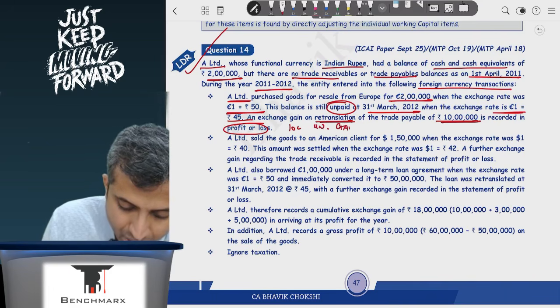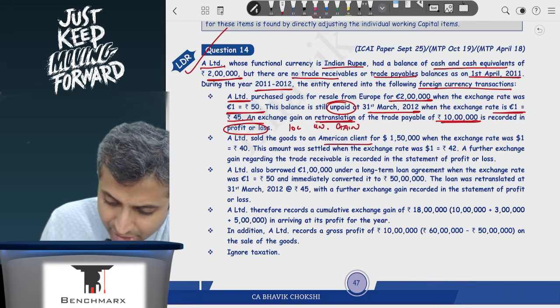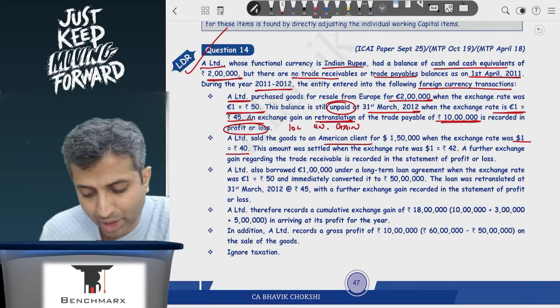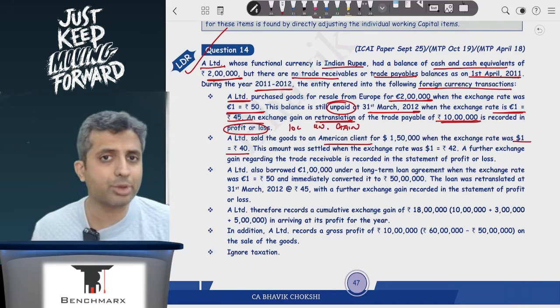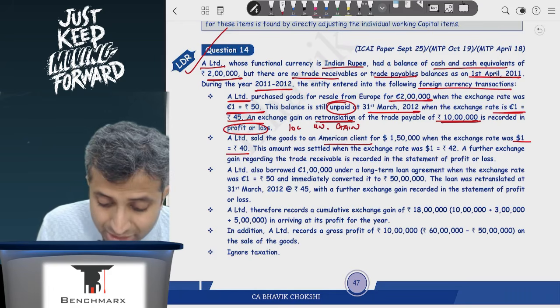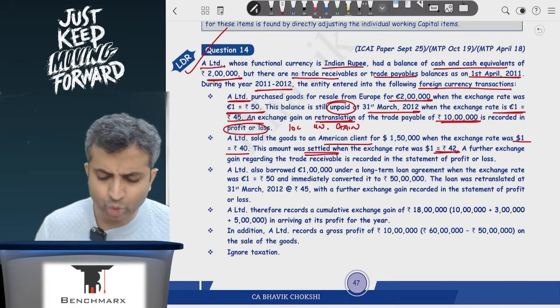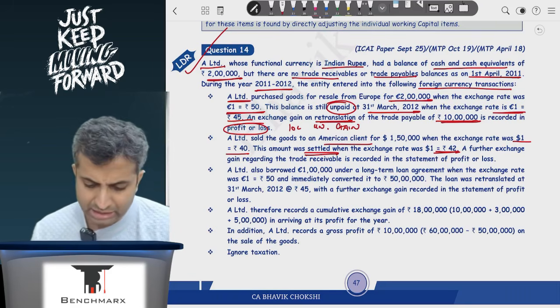Unrealized gain. Okay, then A sold goods to an American client for $1,50,000 when the exchange rate was rupees 40 per dollar. So 1,50,000 into 40 will come to, I believe, 60 lakh rupees. So entry will be debtor account debit to sales, 60 lakh rupees. The amount was settled, money is received when the exchange rate was 42. So your entry will be 42 into 1,50,000. I believe this will be 63 lakhs.